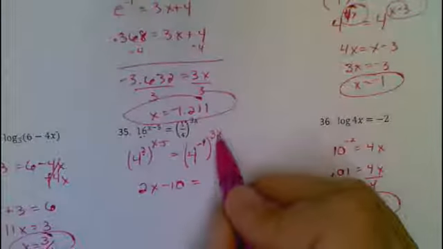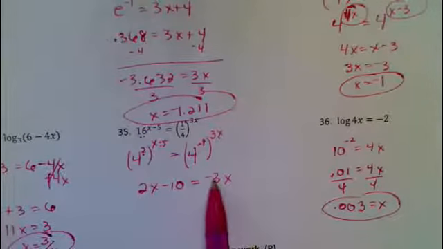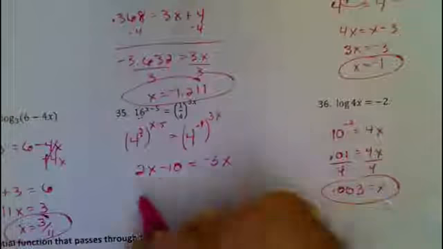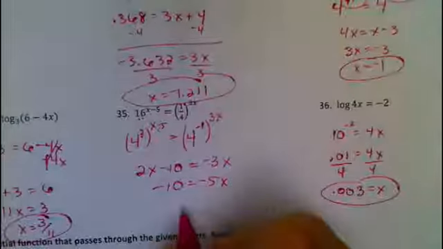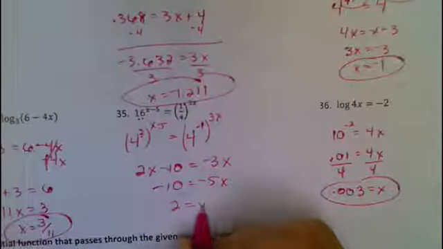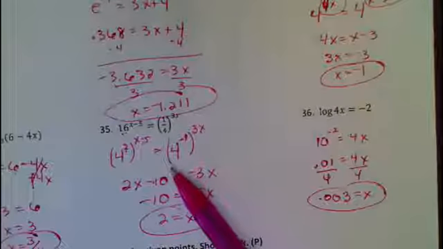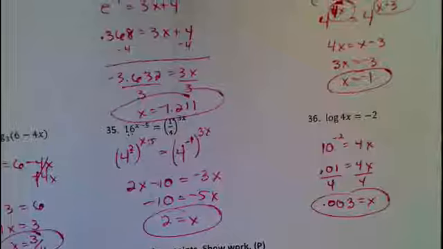Here, negative 1 times 3x is negative 3x. So if 4 to this power equals 4 to that power, I know those exponents are equal. To solve, I would probably subtract 2x, and I divide by negative 5 and get x equals 2. So that's a special problem. There's one of those on the test where you have to get the same base. Then you can set the exponents equal.